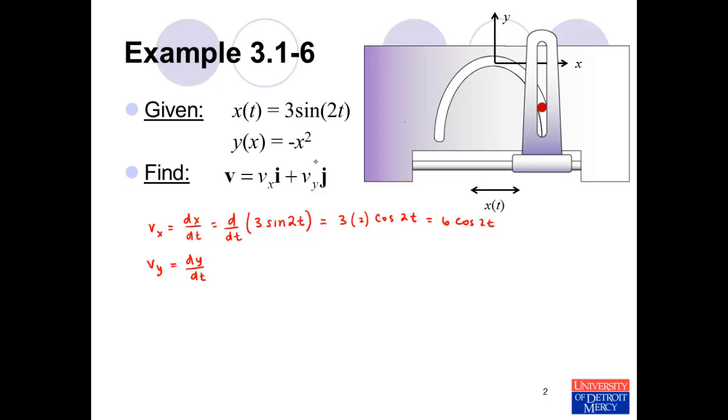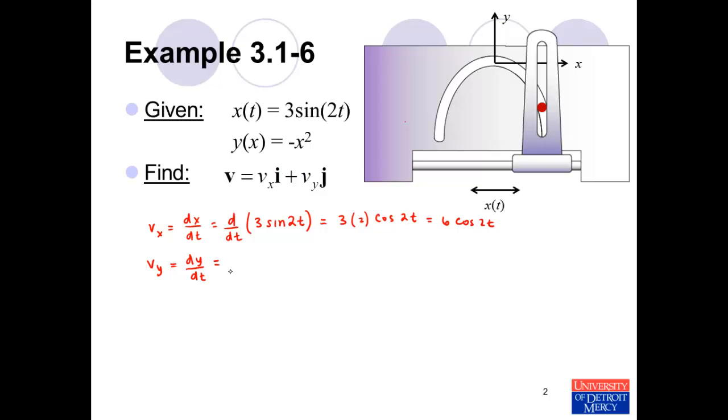Negative 2x is actually the derivative of y with respect to x. So it tells us how the y-coordinate changes with respect to the x-coordinate, but it doesn't tell us how the y-coordinate changes with respect to time, and that's what we want. That is, by definition, what velocity is. It's the time rate of change of position.